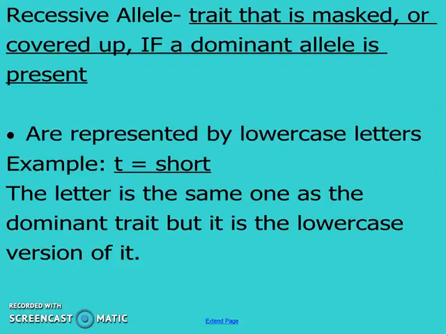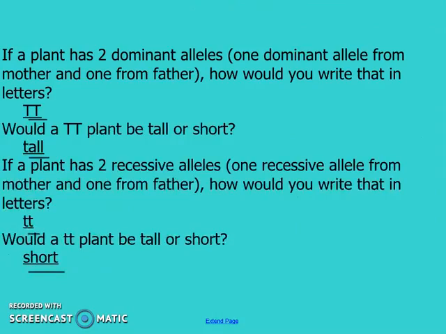So that letter, when you set up your Punnett squares later on, comes from the dominant trait. So for example, T for tall, lowercase t for short. So if a plant has 2 dominant alleles, we will write that in letters as 2 capital T's. And then a plant that has capital T would be tall. If a plant has 2 recessive alleles, one would write that as a lowercase t, and that plant would be short.